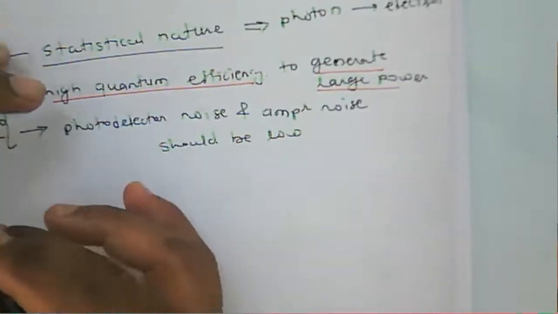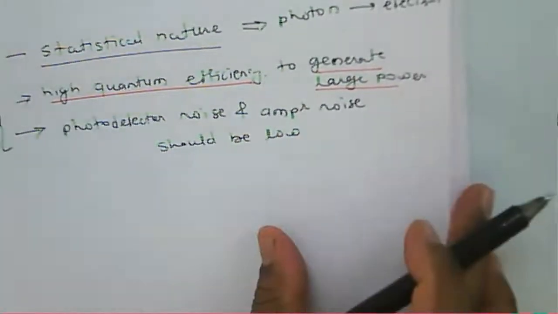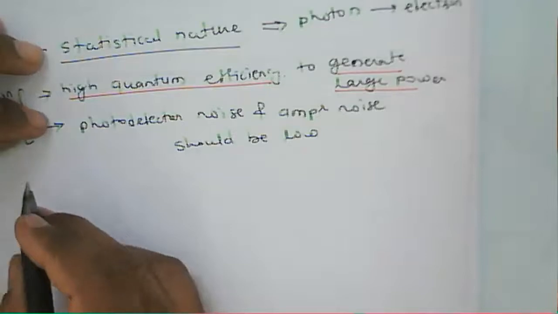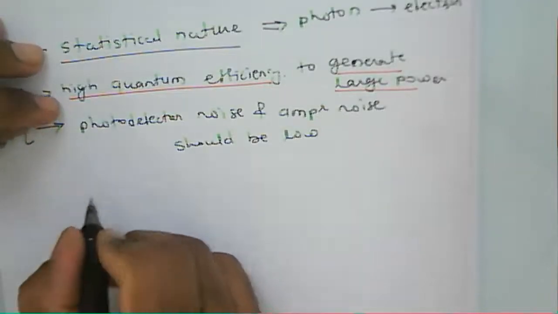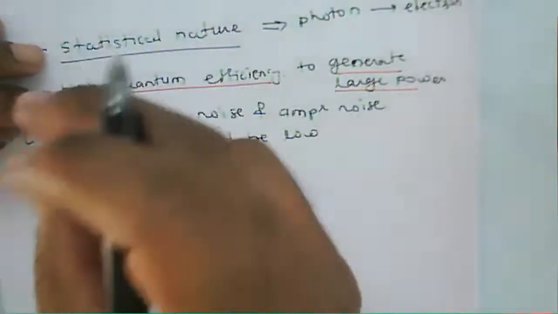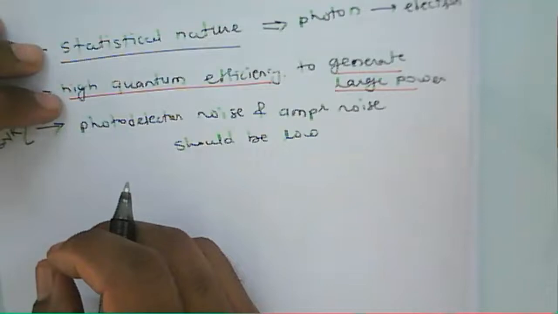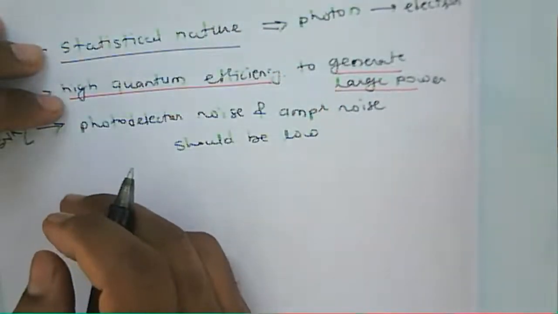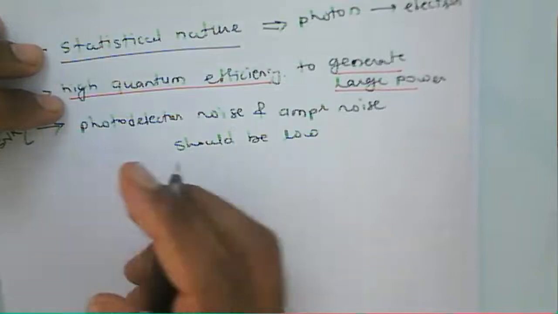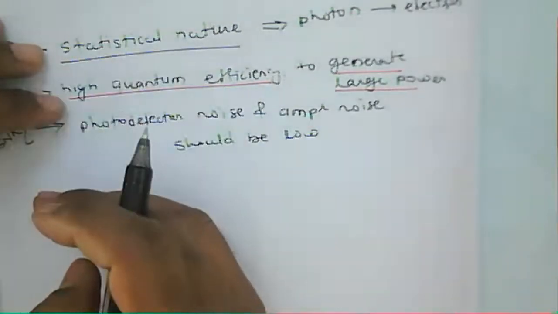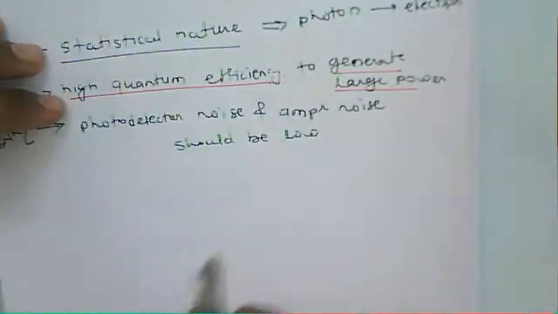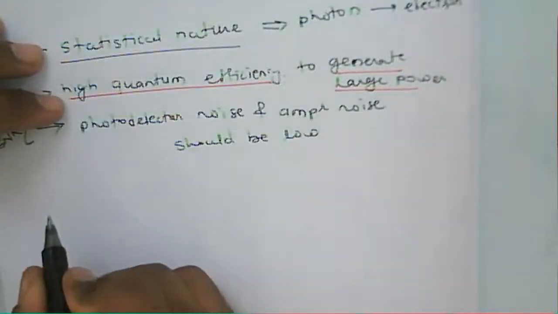But in the case of a detector, generally it will detect the minimum signal, the minimum optical power level that can be detected by the detector. So that's why that noise will be generated, because of that property of a detector to detect the minimum optical power level.